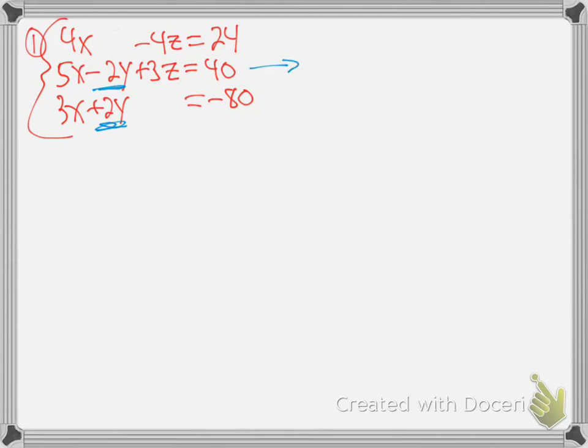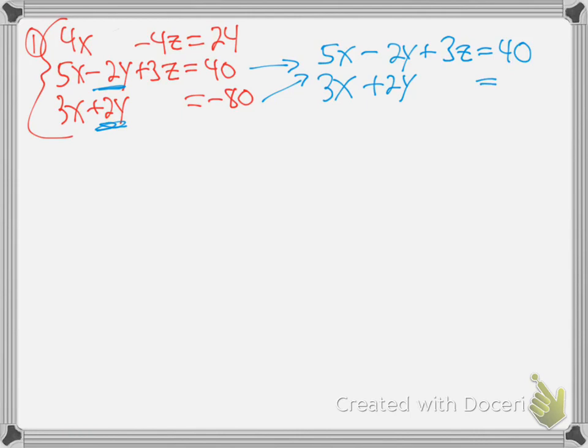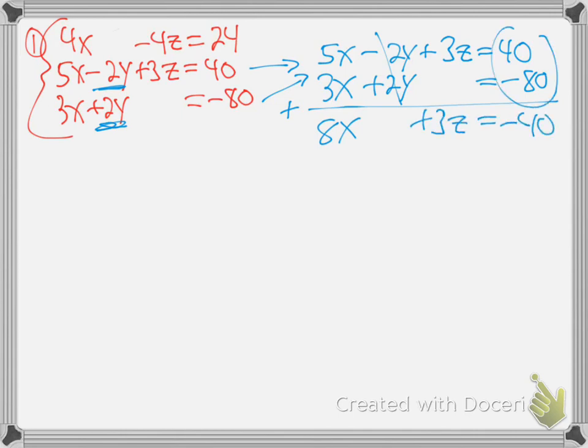So let's do that. Let's just take these 2 equations, 5x minus 2y plus 3z is 40, and 3x plus 2y is negative 80. Let's just add them up. You get 8x, these cancel, plus 3z, add these up, minus 40.